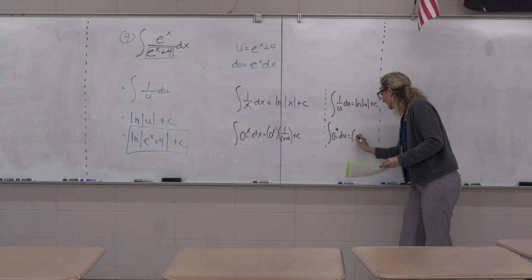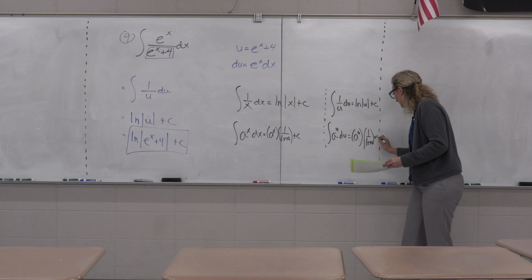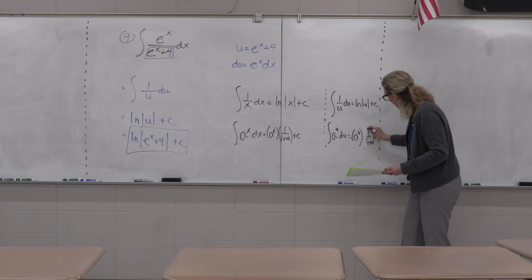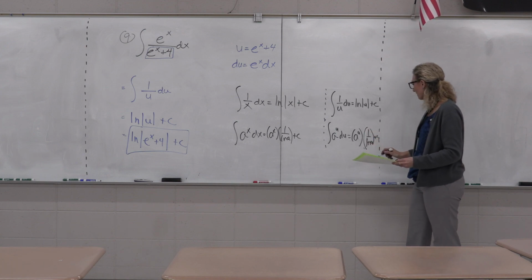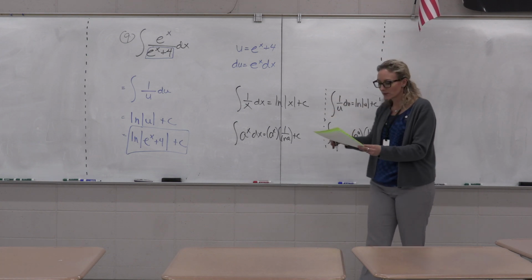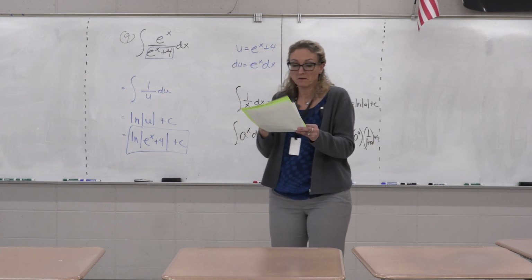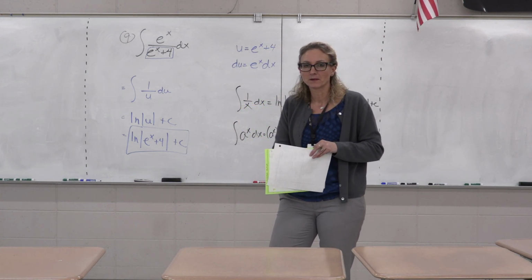It equals a to the u times 1 over the natural log of a plus c. That's really sloppy. Okay? So if you want to add that to your green sheet, like the u ones, so it's easier for you to remember or deal with when you do a U-substitution, that's great, totally fine.